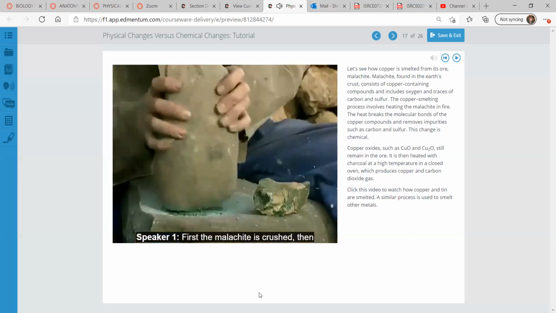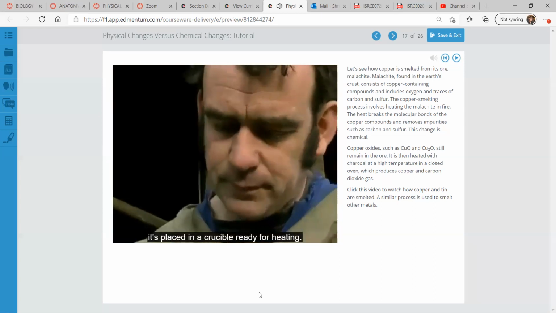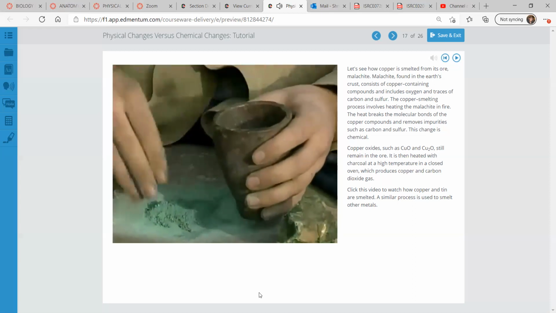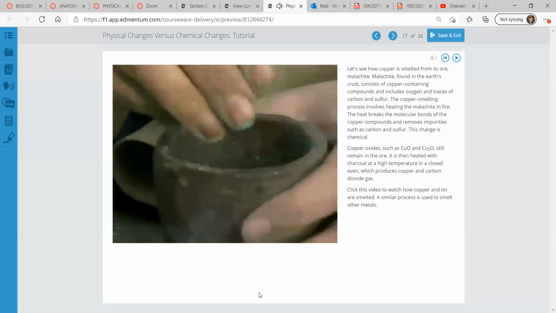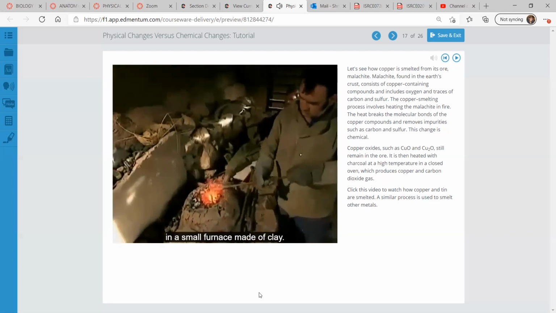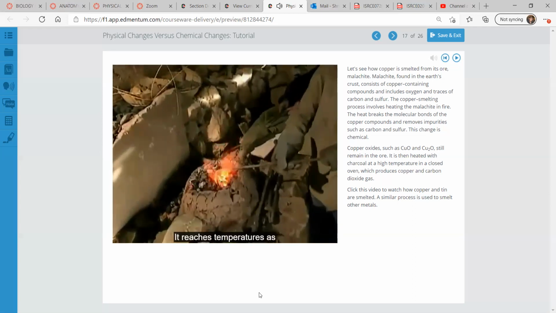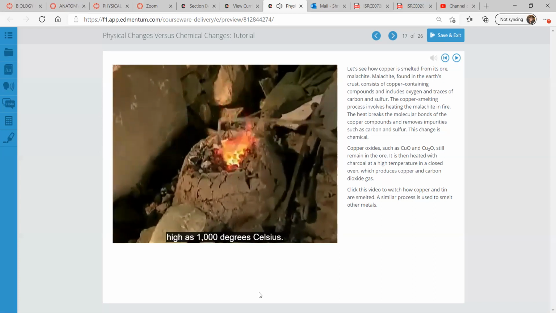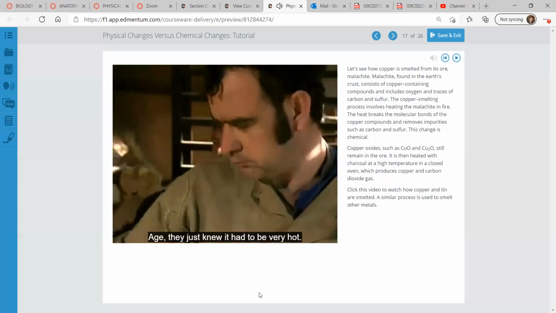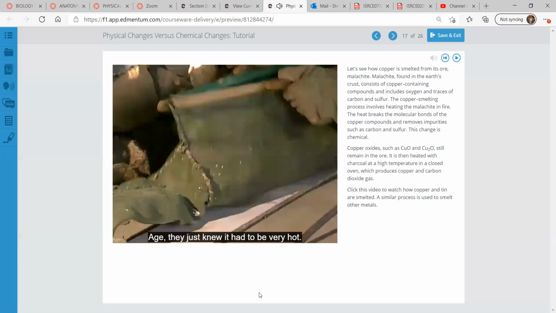First, the malachite is crushed. Then it's placed in a crucible ready for heating. In the Bronze Age, copper ore was smelted in a small furnace made of clay. It reaches temperatures as high as 1,000 degrees Celsius. Of course, they didn't know that in the Bronze Age. They just knew it had to be very hot.